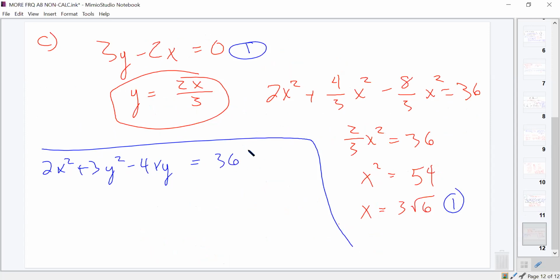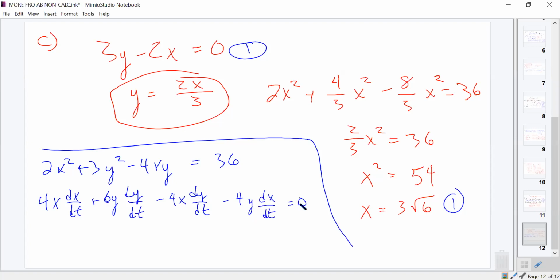And we're going to take the derivative of everything with respect to time. So we're going to get 4x dx/dt plus 6y dy/dt minus 4x dy/dt using the product rule, minus 4y dx/dt equals 0.